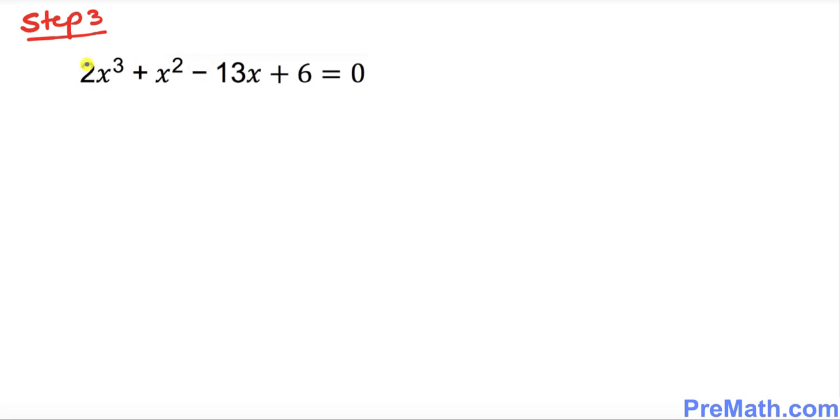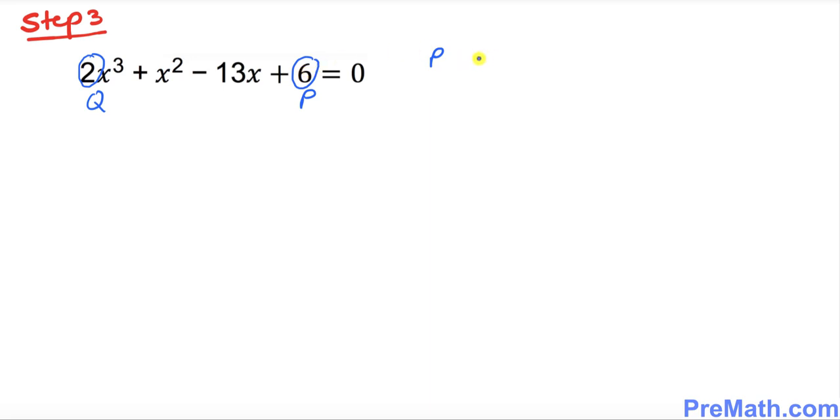Before we do that, I want you to look at the leading coefficient. Call this one Q, and on the other end, this number 6, call P. Let me ask you now, what are the divisors of P, which is 6?